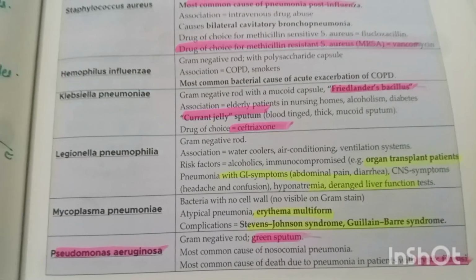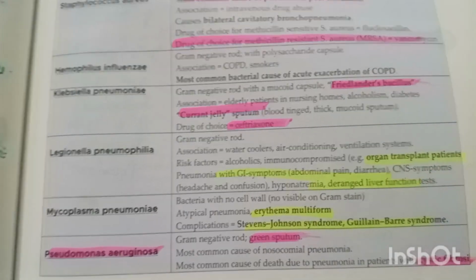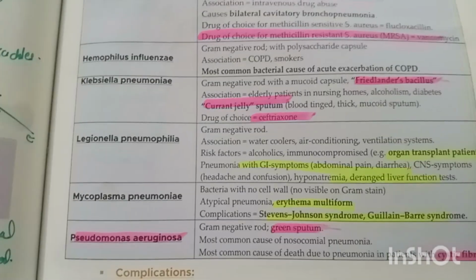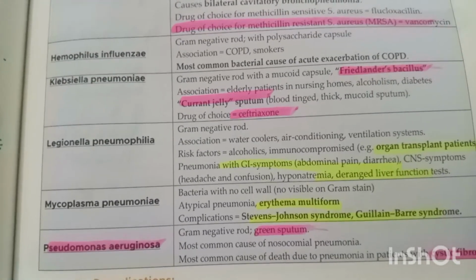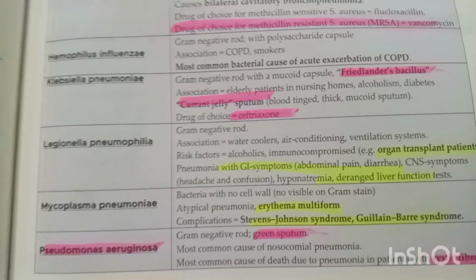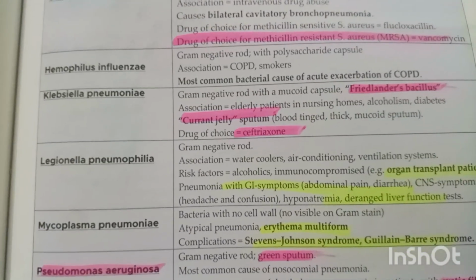The patient has a history of traveling on a cruise or ship, staying in a hotel, or using water coolers, air conditioners, ventilators. Risk factors are alcoholism, being immunocompromised, or having an organ transplant. Then the patient presents with Legionella pneumophila and an atypical presentation.